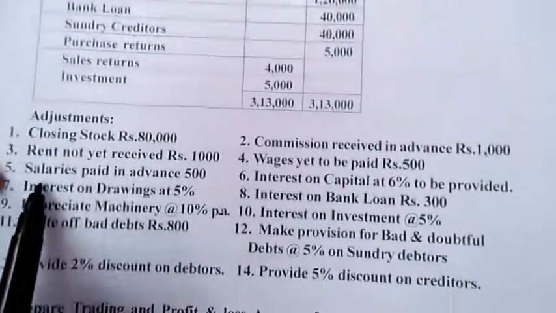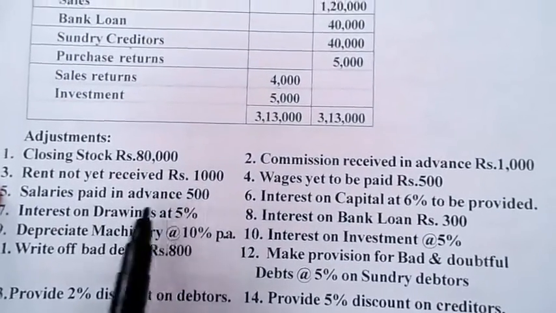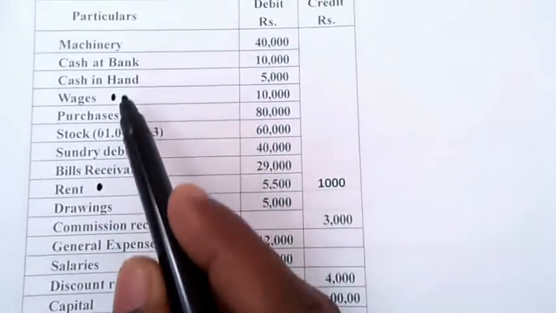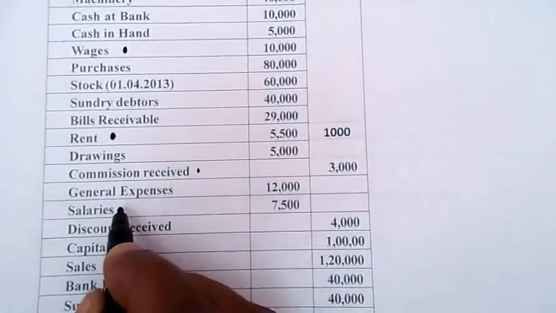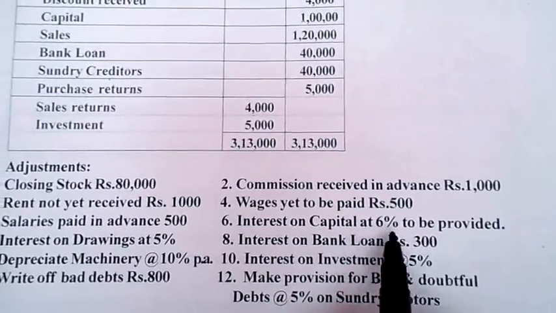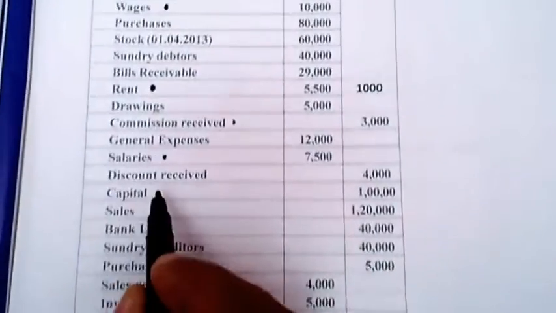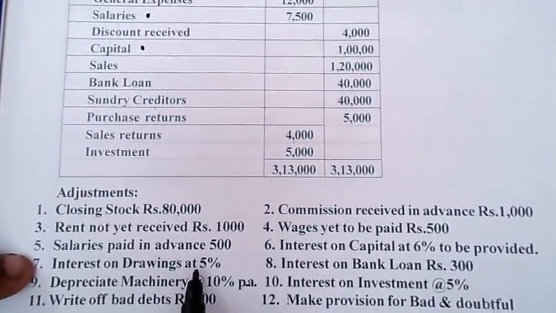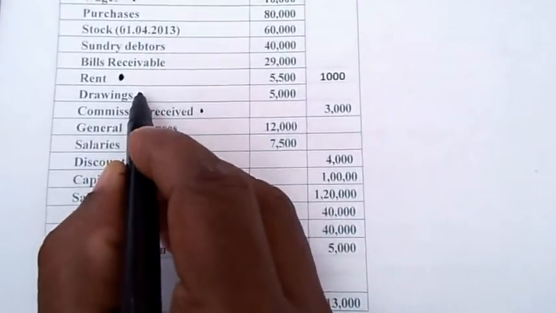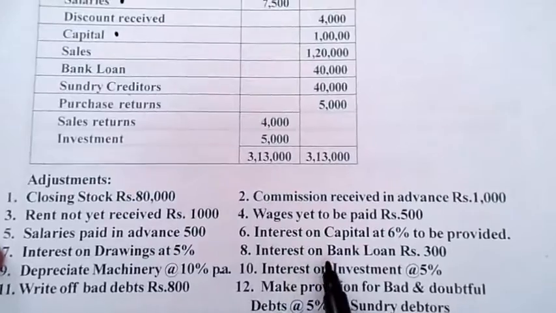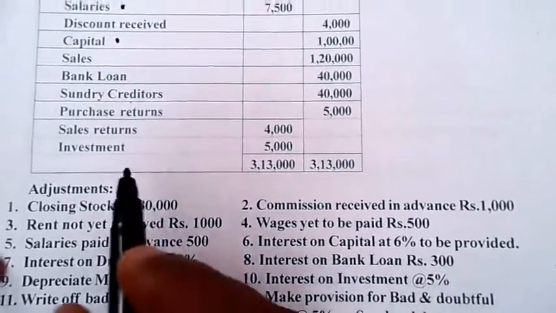Next one, salaries paid in advance. Put the mark here. And the next one, interest on capital at 6%. Put the mark. And the next one, interest on drawings. Put the mark. And then next point, interest on bank loan 300 rupees.